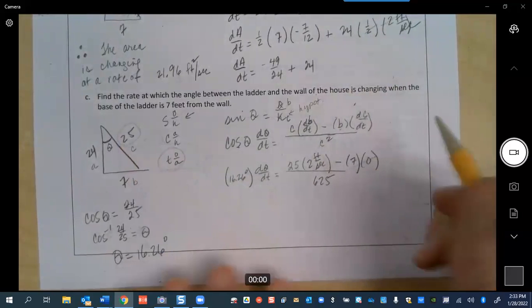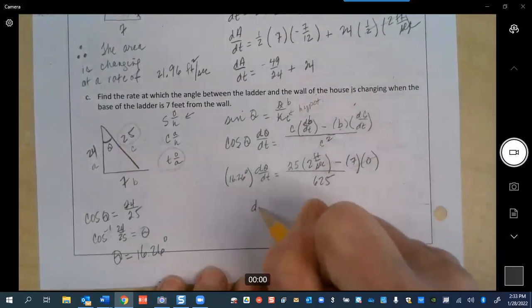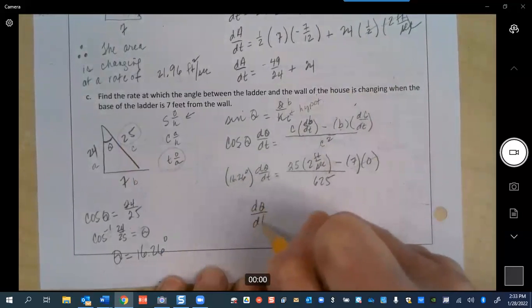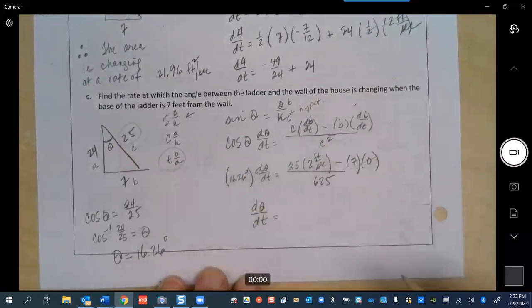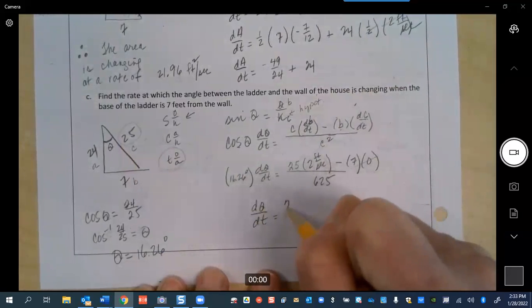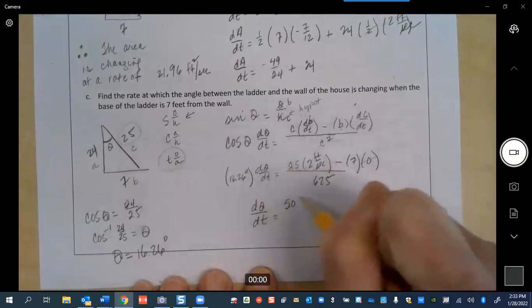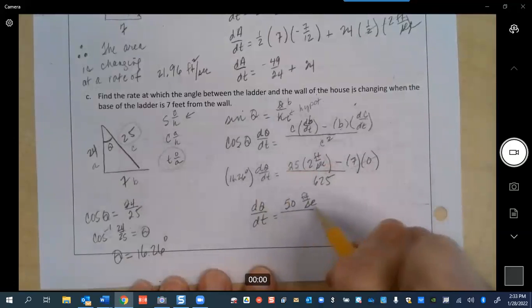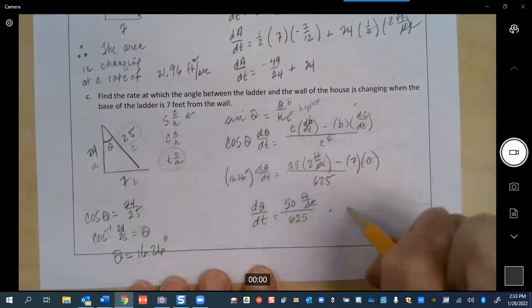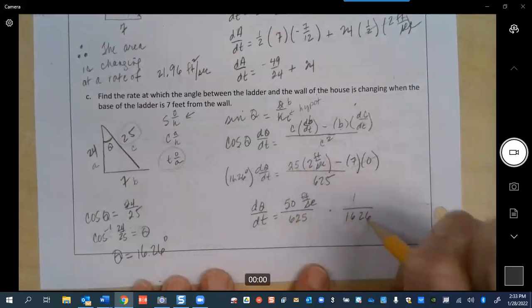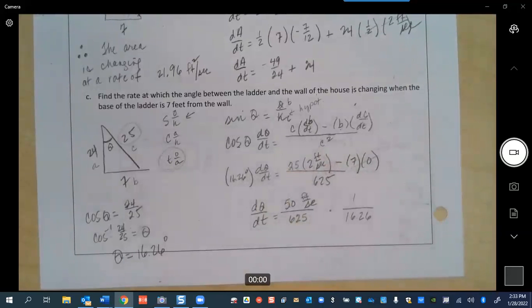So this is 0. So I have d theta compared to time is equal to 50 feet per second divided by 625. That's divided again by 16.26.